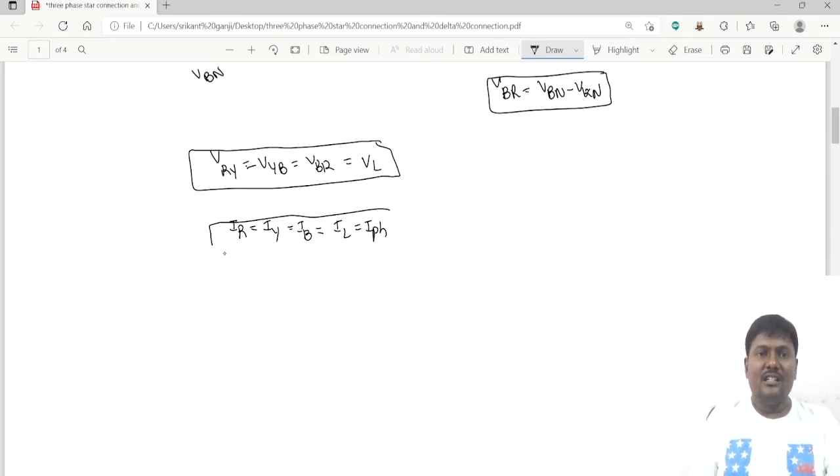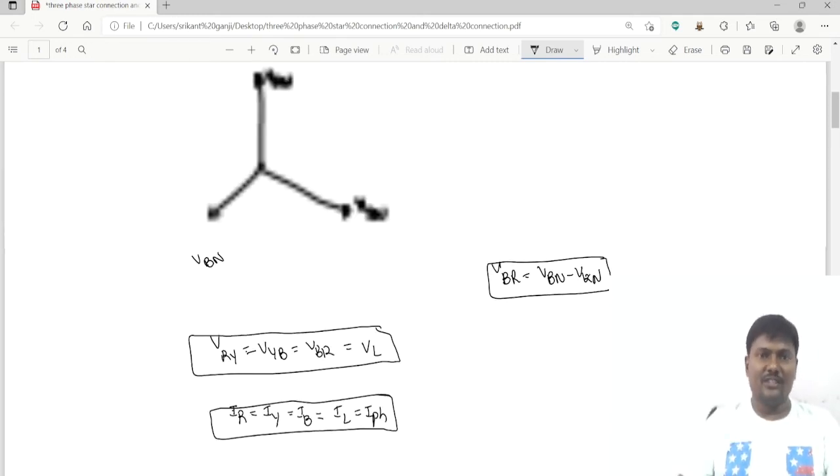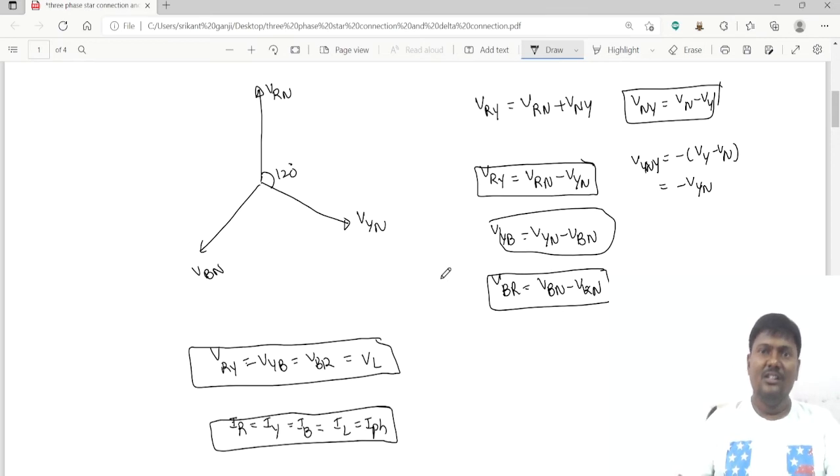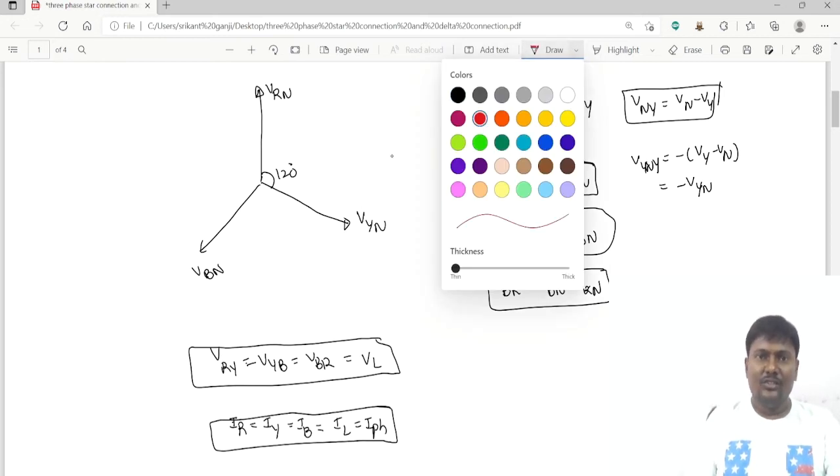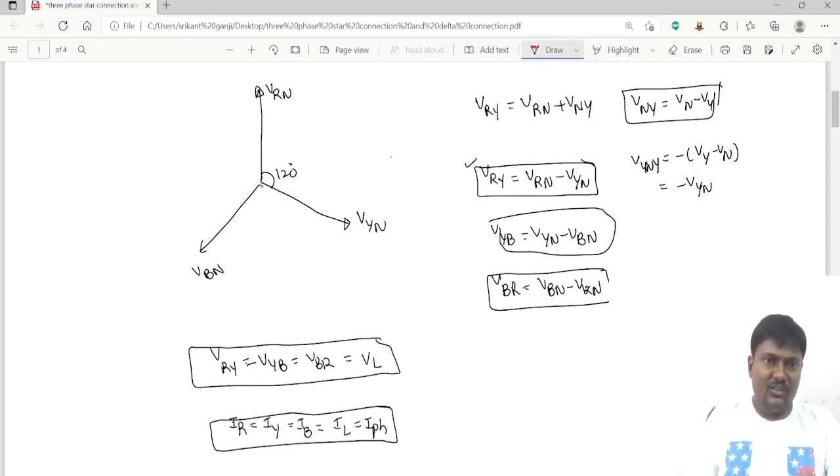In a star, we can tell that line current is equal to phase current, but the voltages are different. Phase voltage and line voltages are different. So I am representing here VRY is equal to VRN minus VYN. So minus VYN is exactly 180 degrees to the positive VYN.